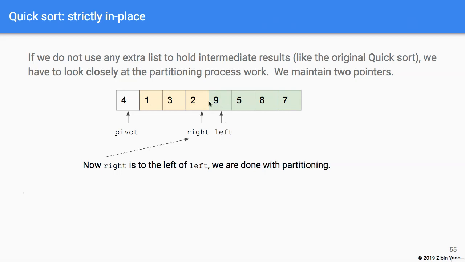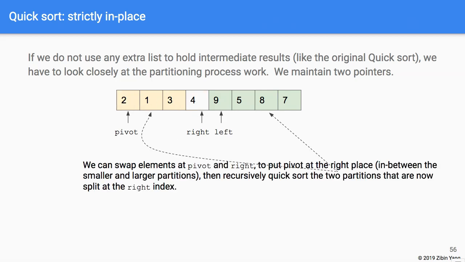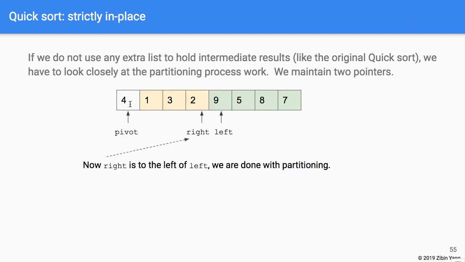Okay, while we are done with the partitioning itself, we're not completely done in terms of the algorithm, right? Because this pivot is still out of place with regard to the smaller and the larger partition. So if you remember from the algorithm, what we should do is swap 4 with the last element in the smaller partition.